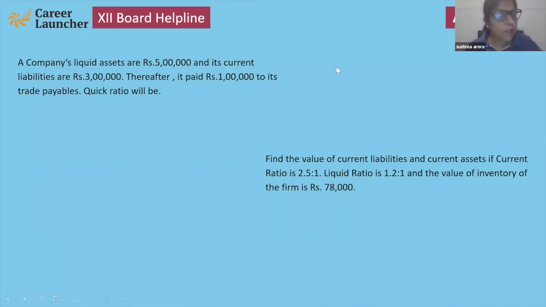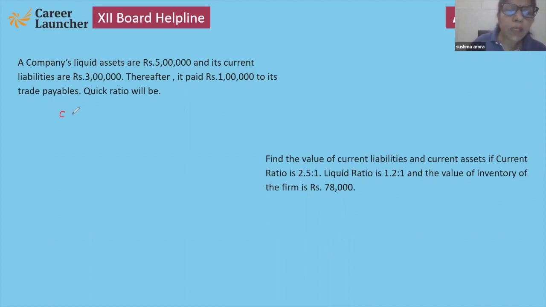Give the answer, children. If you have doubt, I'll solve your doubts here. See here, paid rupees 1 lakh to its trade payable.